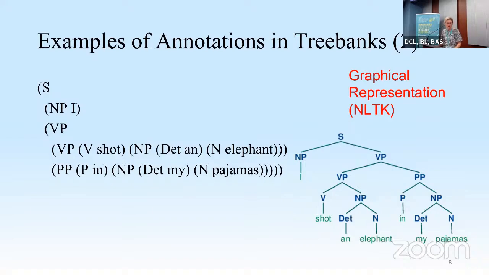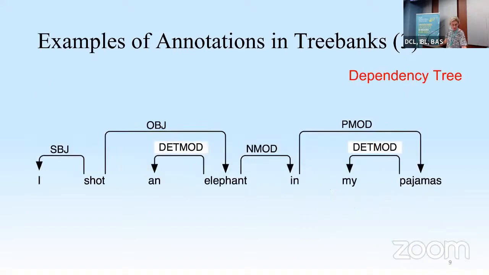And it is interesting because here you can see "I shot an elephant in my pajamas." My pajamas is connected to the verb, but here in the dependency tree, you can see that it is connected to the elephant. And this is one of the most common ways of presenting the dependencies.